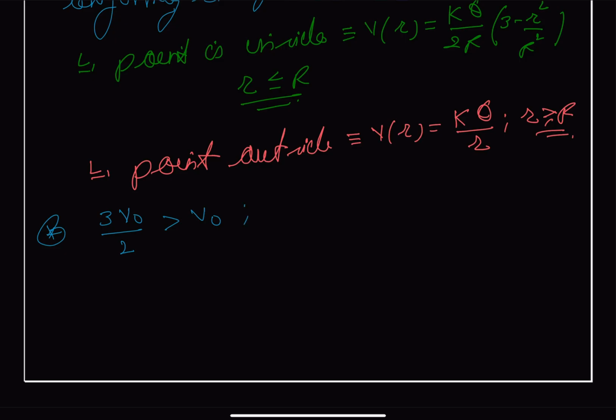So therefore the equipotential surface will be closer to the center. So from here we can say R1 is inside the sphere, because the potential at this particular point, which is given by a radius of R1, is greater than V naught. So obviously the point has to be closer to the center.